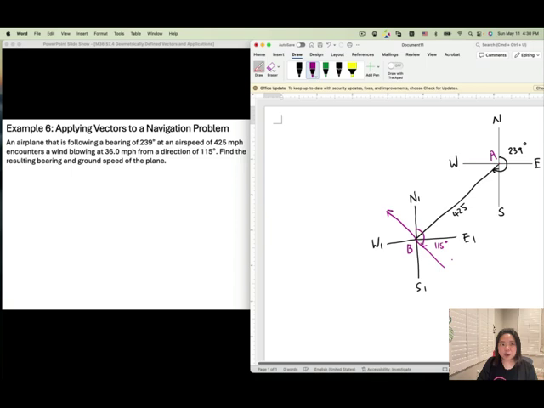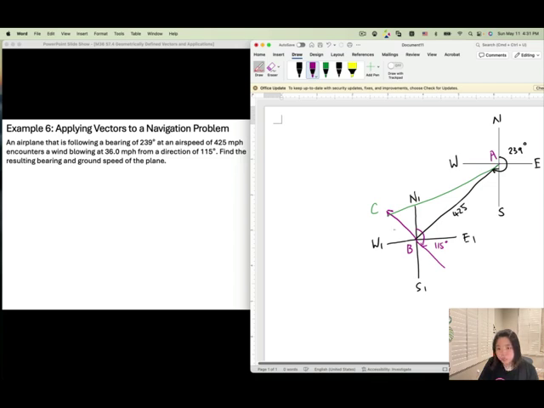Find the resulting bearing and ground speed of the plane. So we do have the resulting force going from here, and then we call this point C here. One more piece of information: this is 36 miles per hour.